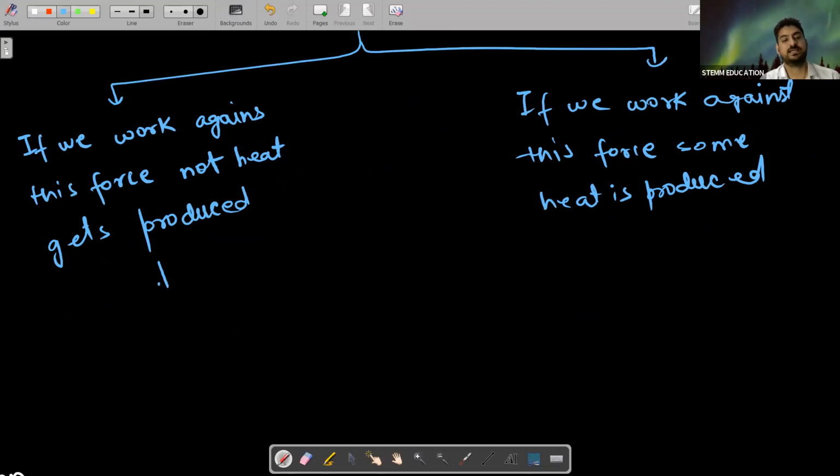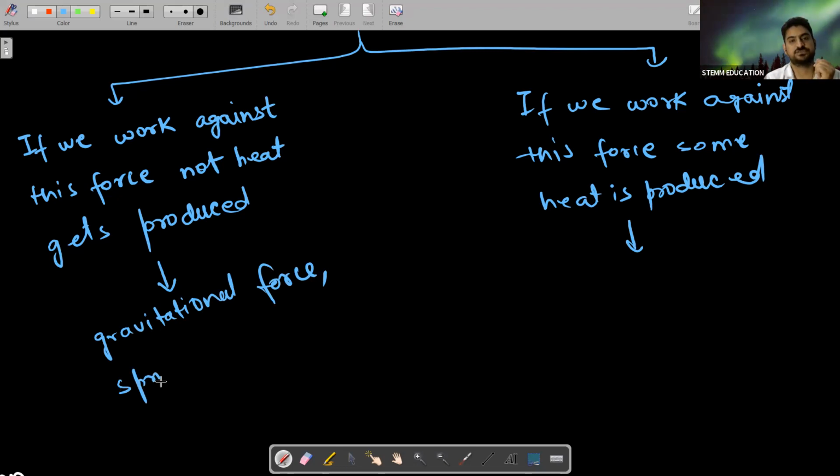So this is where, if we work against this force, no heat gets produced, and this is where heat is produced. No heat produced: gravitational force, also spring force.